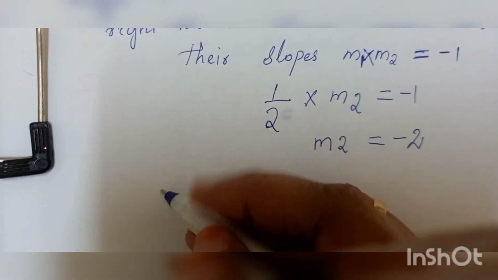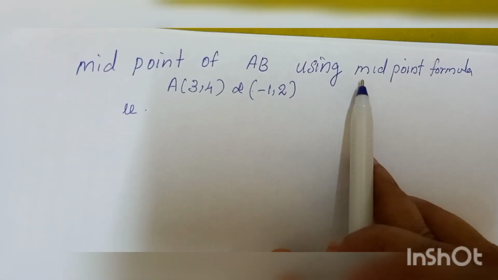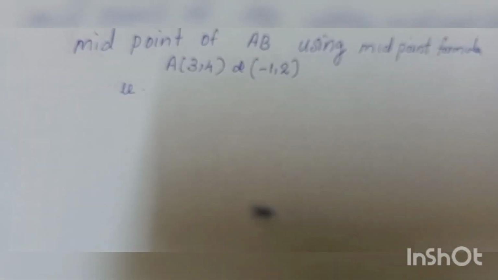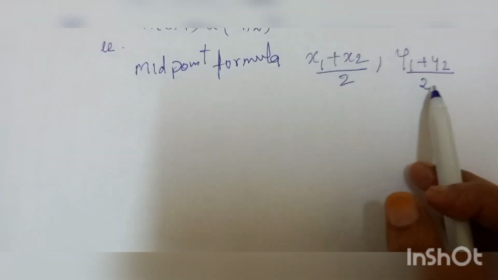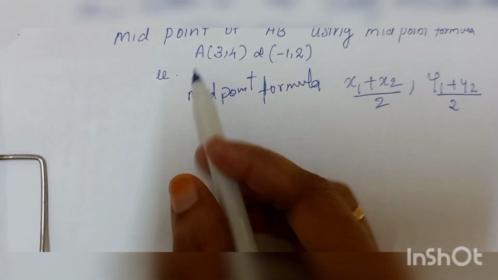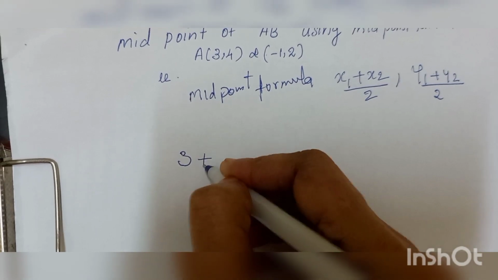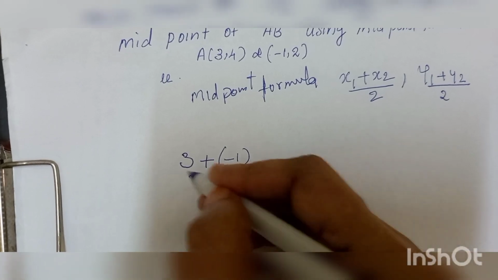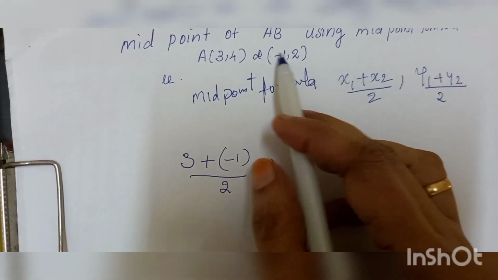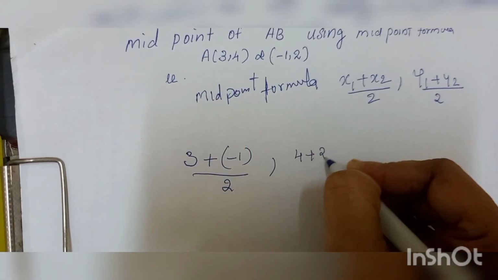So next we have to find the midpoint of AB using the midpoint formula: (x1 plus x2) by 2, (y1 plus y2) by 2. So x1 is 3 plus -1 by 2, comma, y1 is 4 plus 2 by 2.